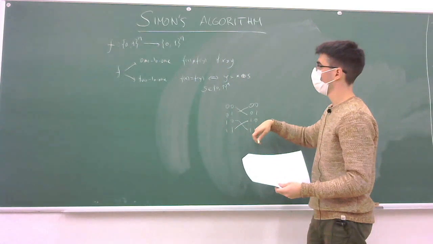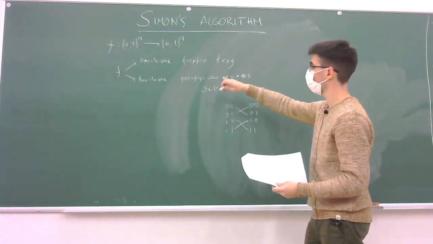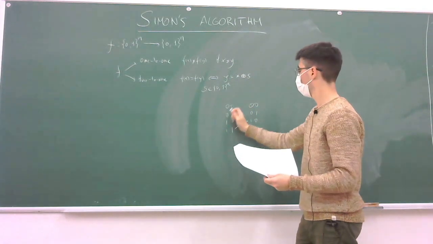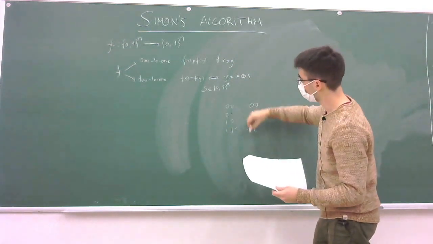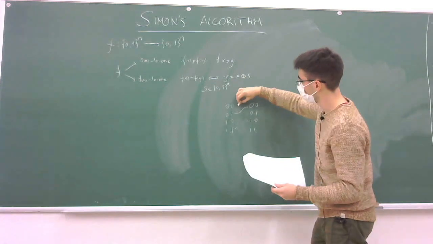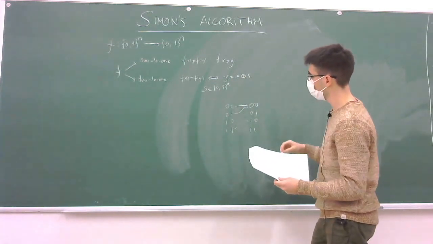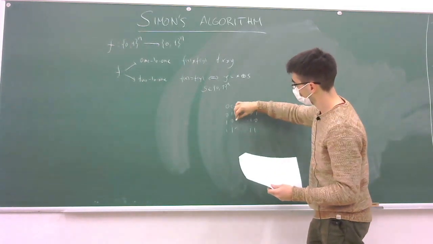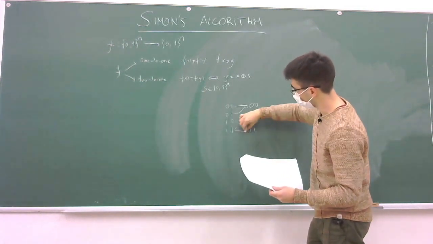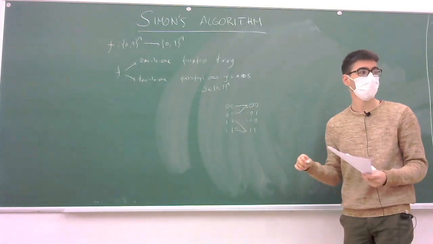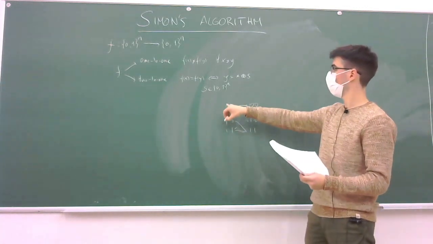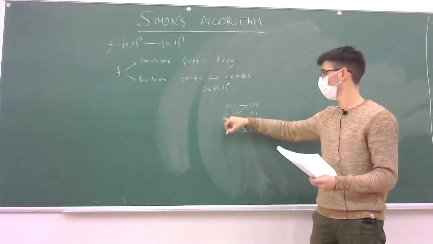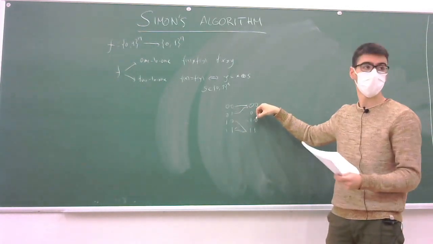And in the second case, what we get is that the inputs go in pairs to the same value. For example, this to this one, and this to this one, for example. Okay, so the values go in pairs to the same output. This is what it means to be 2-to-1.